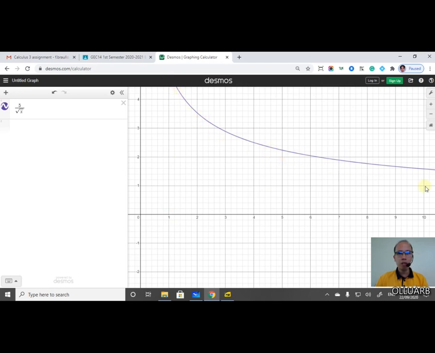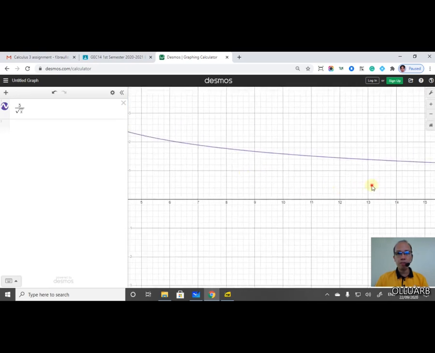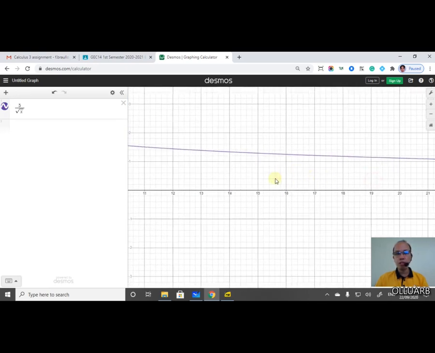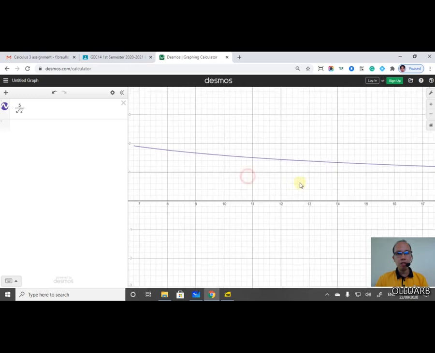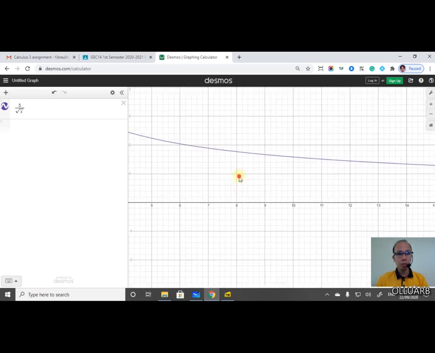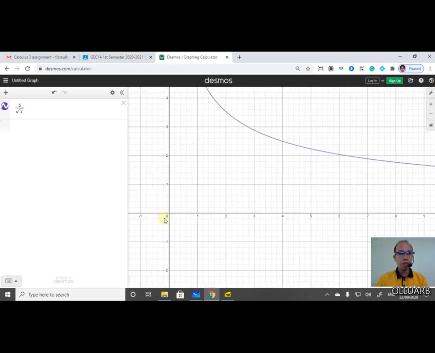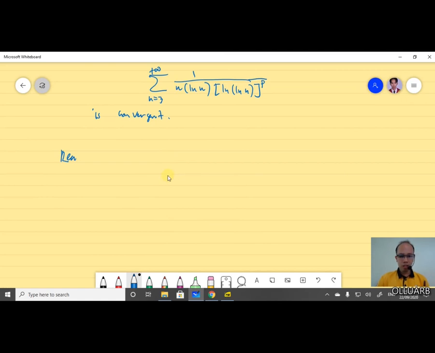As you have noticed, the function is decreasing as n approaches infinity, and there's no hole, meaning this is continuous, and this is also positive valued because the graph is above the x-axis. So that's the cheat to solve the problem.